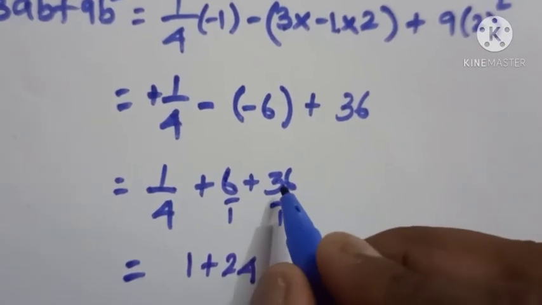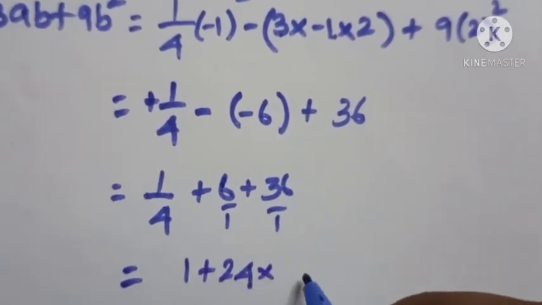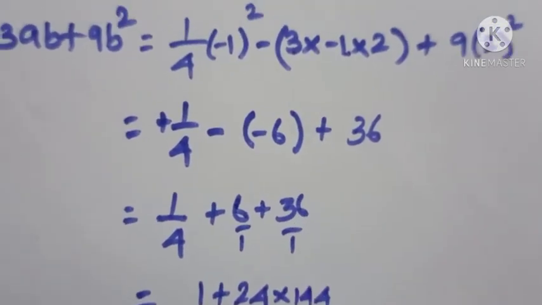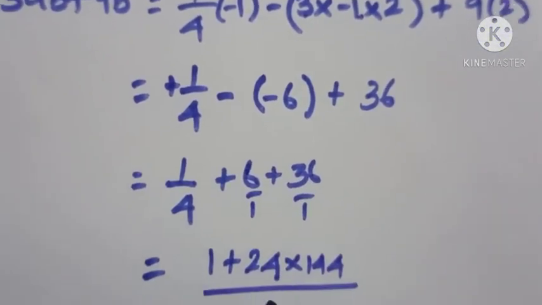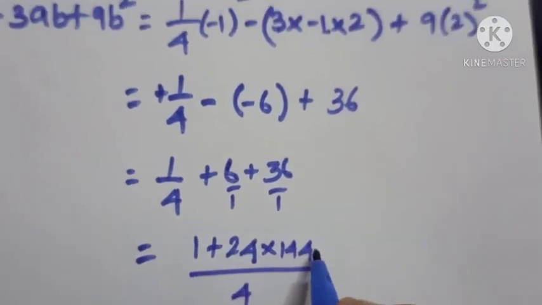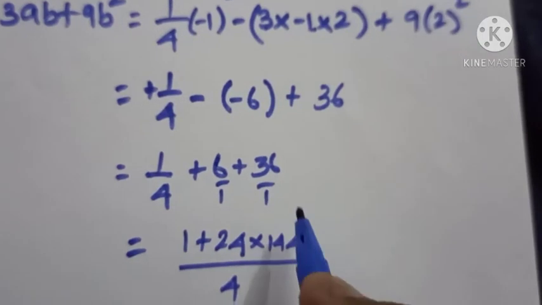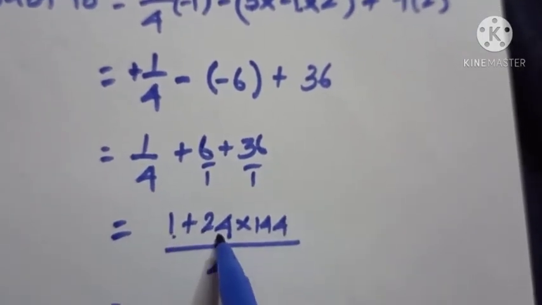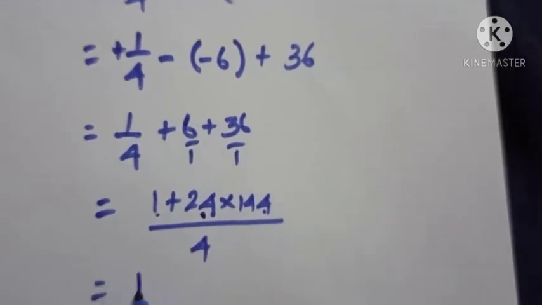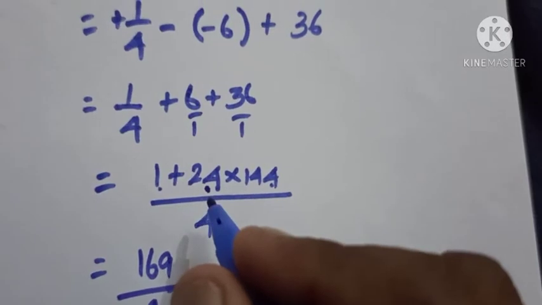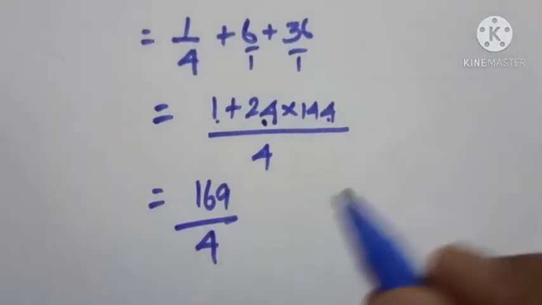And then 36 into 4, what do you get? 6 4s are 24, and then 4 3s are 12, 144 divided by 4. So now we need to add: 1 plus 24 plus 144 is 169. So 169 divided by 4. Okay, the final value is 169 by 4.